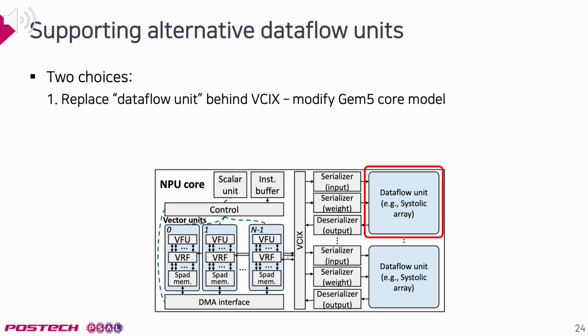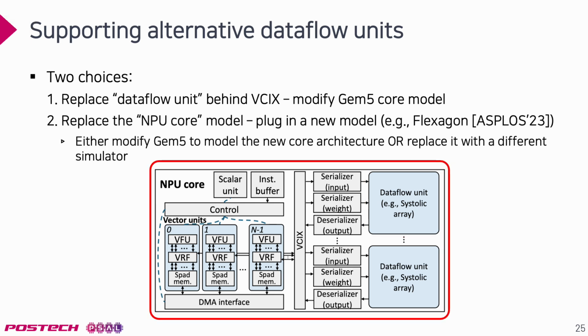The first choice is replacing the data flow unit with something else other than the systolic array. If you want to do this, you need to modify the Gem5 core model to model your own data flow unit, and also modify the compiler to properly generate the instructions to use your own unit.